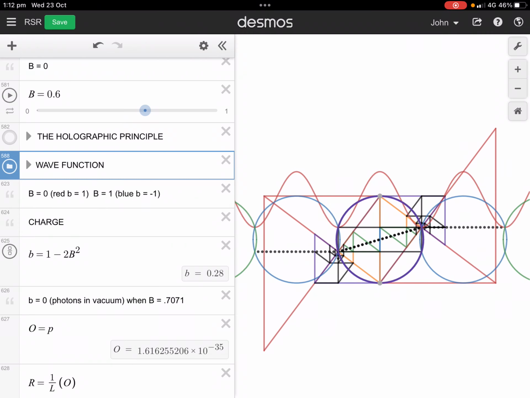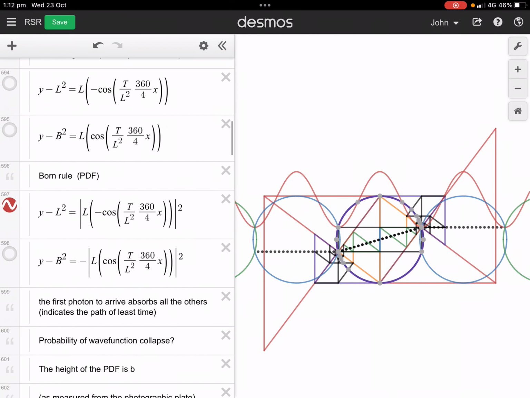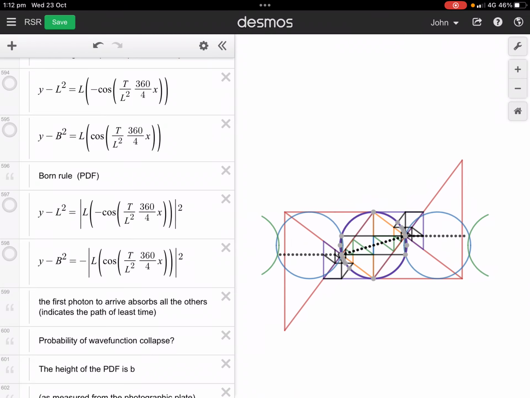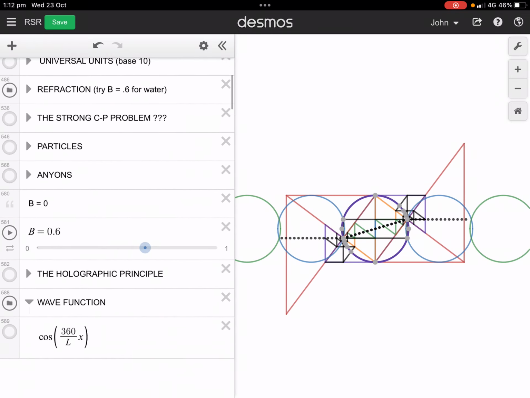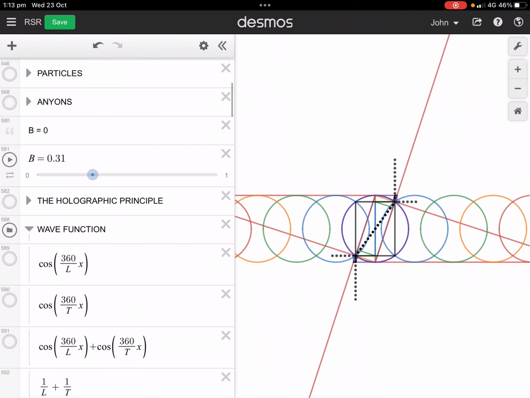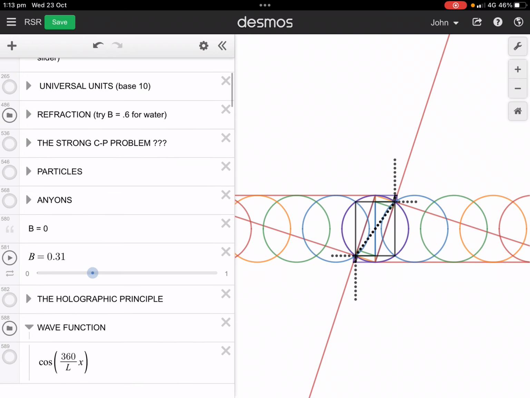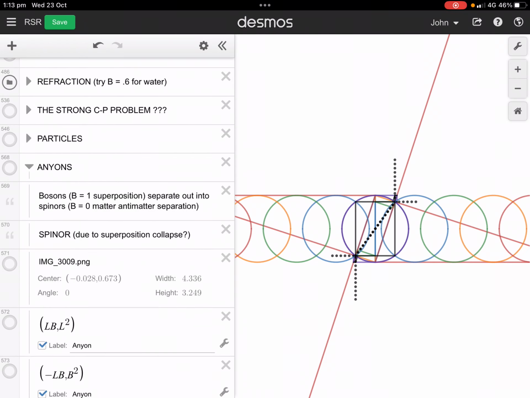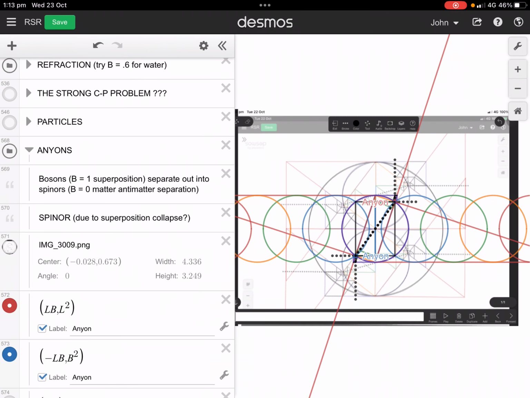And then I'm imagining the collapse of the wave function. When that happens, let me just put in the anyons.